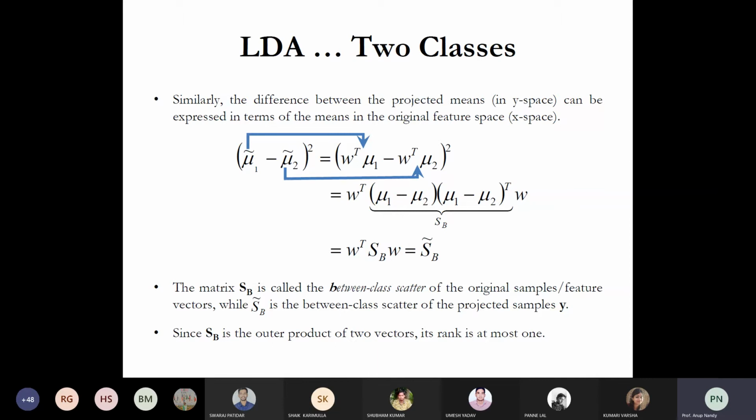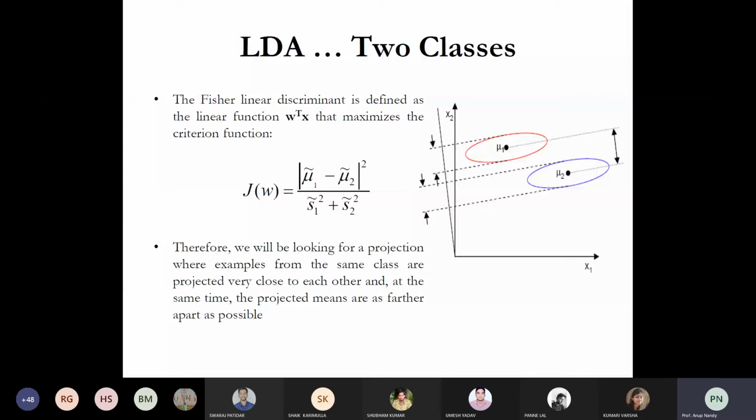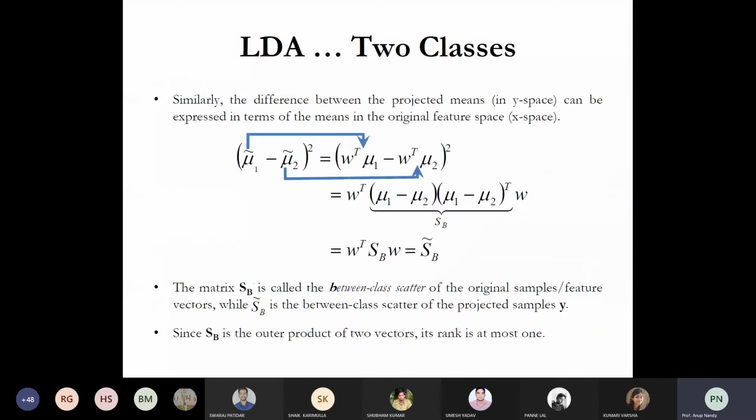So you have (μ1 tilde − μ2 tilde) square, which is (W transpose μ1 − W transpose μ2) square for the two classes. Now take out the W transpose, then (μ1 − μ2)(μ1 − μ2) transpose is SB, and it is W transpose SB W, which is SB tilde.